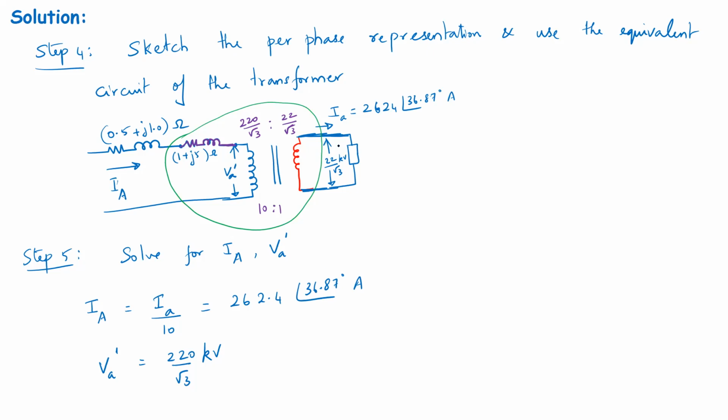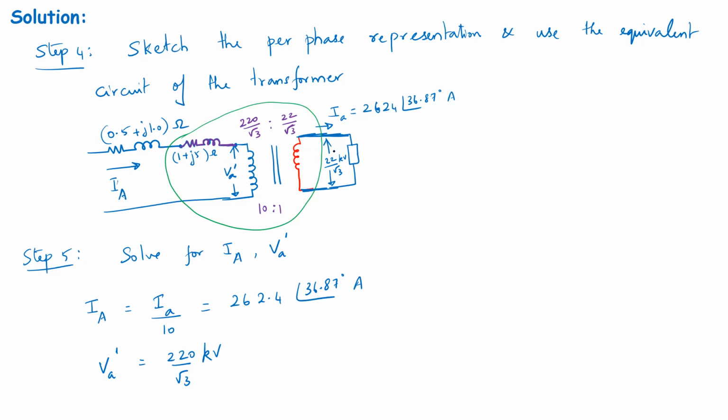Okay. So once we have drawn this, I am reflecting the quantities on the right hand side using an ideal transformer and bringing them to the left hand side. See, please note IA is the reflected current IA dash actually, and since it is the same current, I am using IA as a symbol. Okay. So the high voltage side current will be the reflected current from the low voltage side IA dash, and the voltage across the ideal high voltage side coil is going to be VA dash, which is 220 kV over root 3.